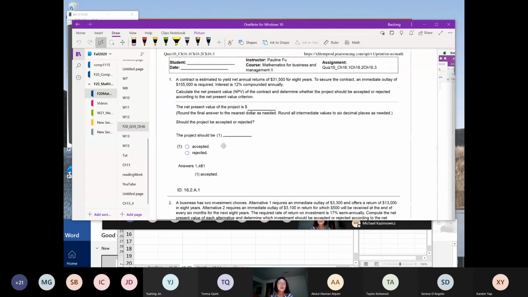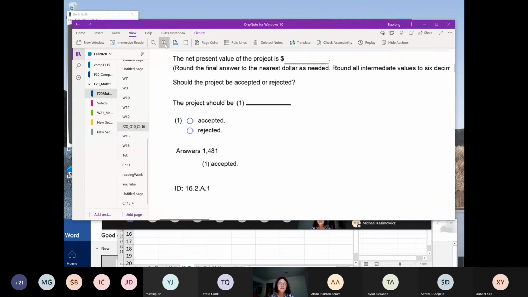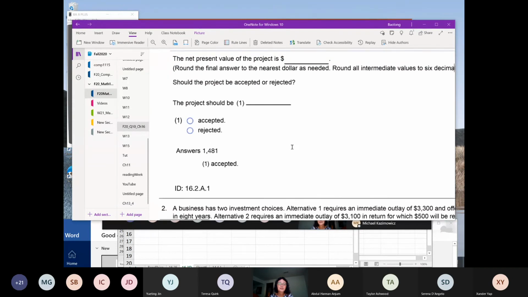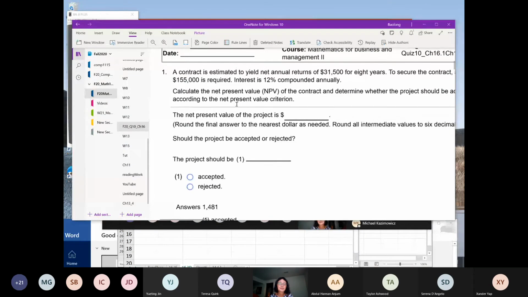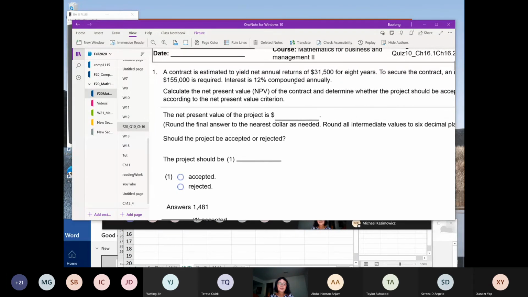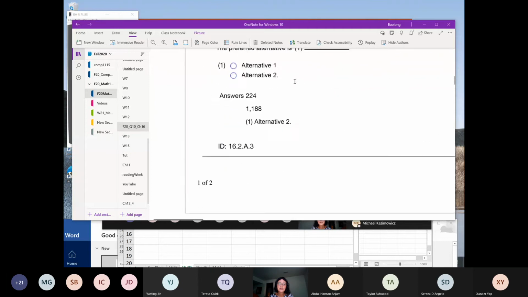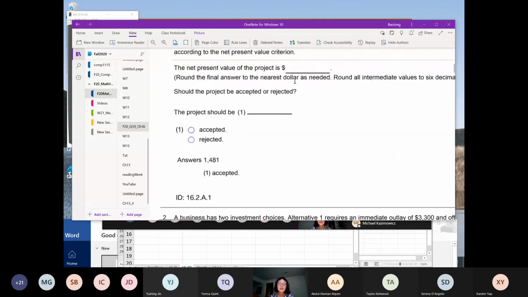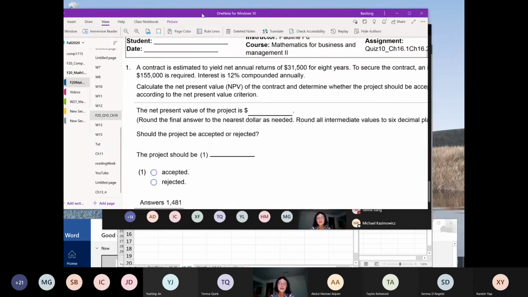Let's do it. View, large. This one is easy. Maybe I'll do that present value. Okay, let's do this one. Small exercise. Okay.